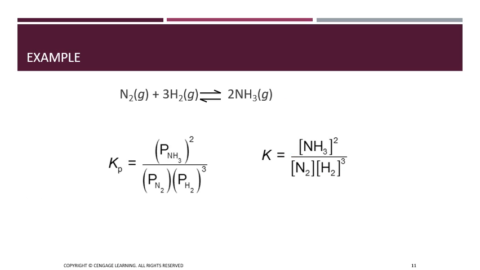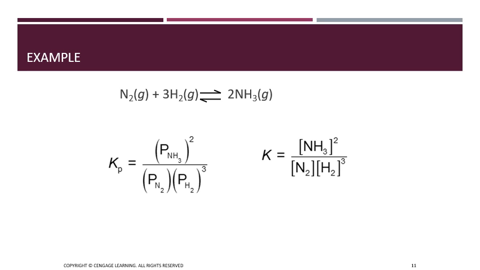Okay, so let's look at an example problem over the next few slides and learn how to calculate the value for K. When we look at this equilibrium expression, hopefully you can notice that because I have gas, gas, and gas, I have a homogeneous system.